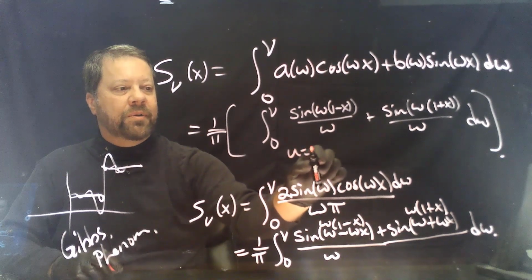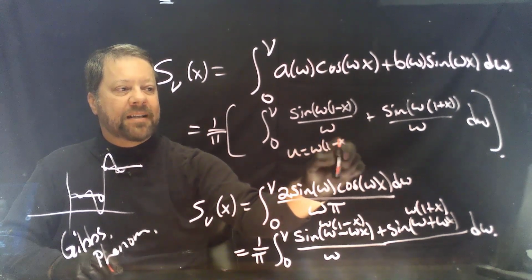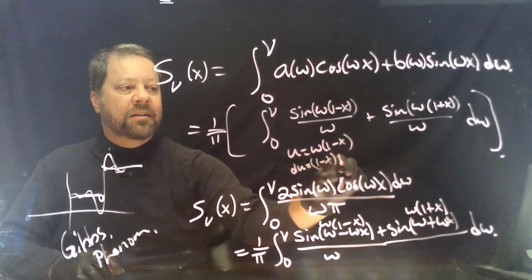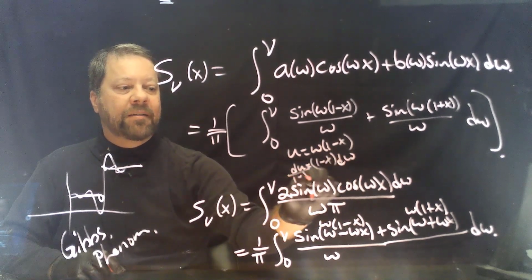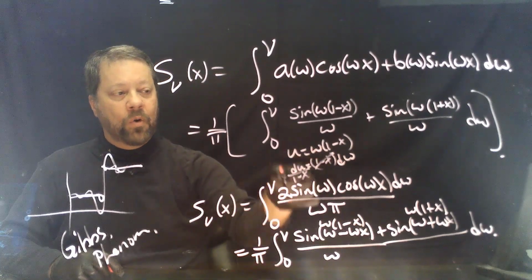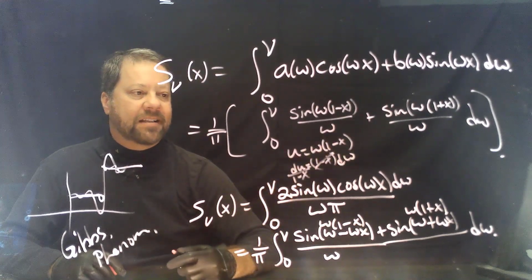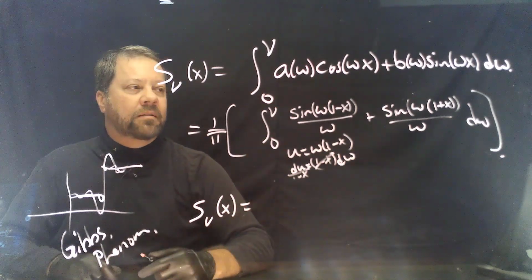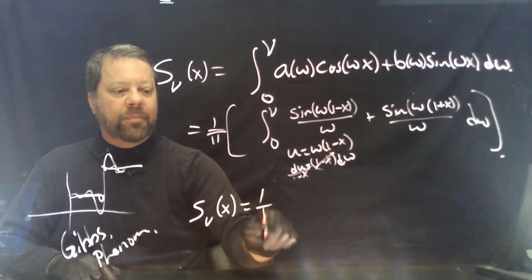Here we'll use u equals omega times 1 minus x, so that du is 1 minus x d omega. The omega will divide by 1 minus x, and keep in mind omega is u over 1 minus x. We get the same kind of cancellation that we had before. We'll end up with a sine integral. So we still have the 1 over pi.